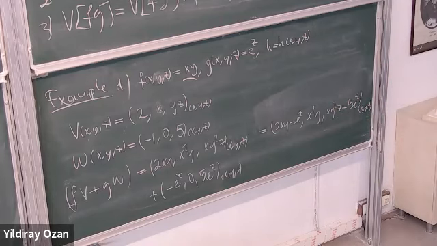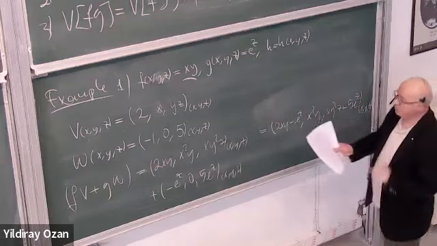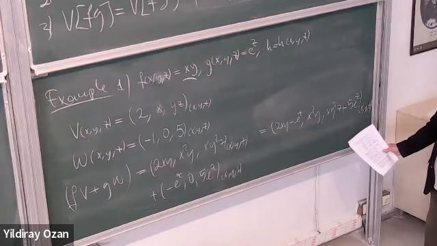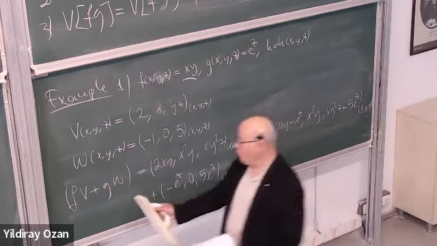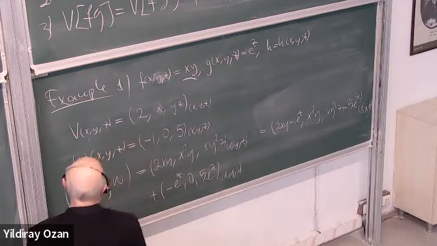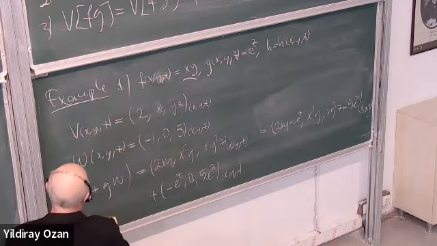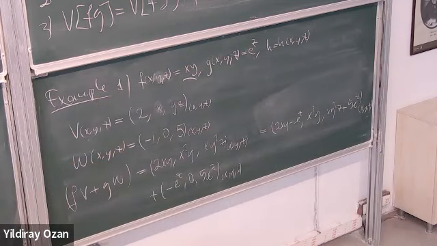So this is a vector field, F times V plus G times W. All right, so it is this vector. And then we would like to apply this vector to a function H. Let's do that.